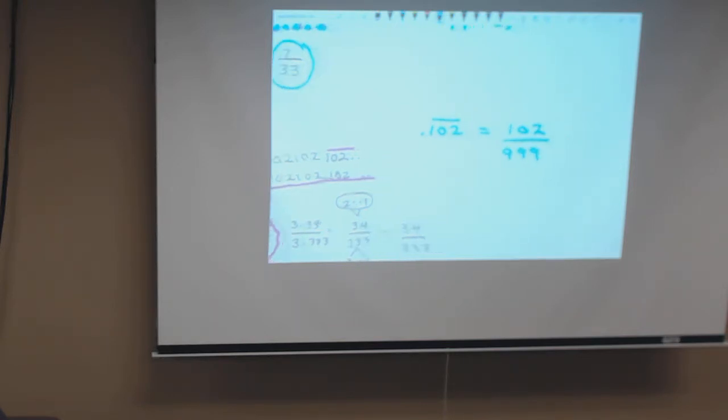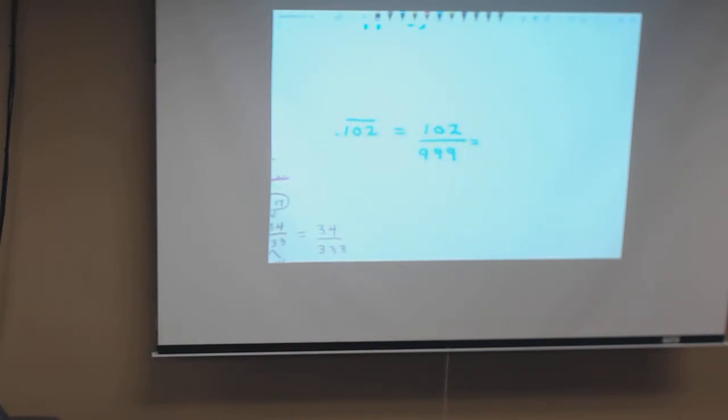And then I can reduce that by dividing by 3, 34 over 333. Am I done with that? Well, I could take this, 2 times 17. Can I divide 333?